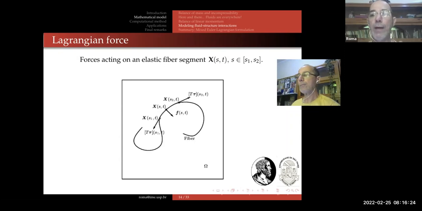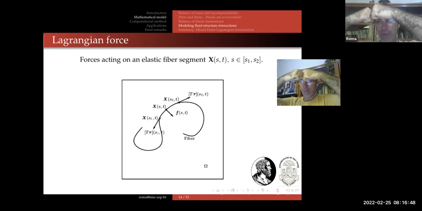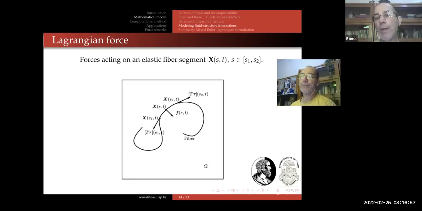You have basically here, in the absence of any other kind of forces, I am supposing that the only forces that are playing some role here are the elastic forces and fluid forces, okay? So if you get this piece of segment, you have tension forces. You have two pieces of immersed boundary, and between these points, one is pulling the other one, right? So you have tension forces between contiguous elements of the immersed boundary.